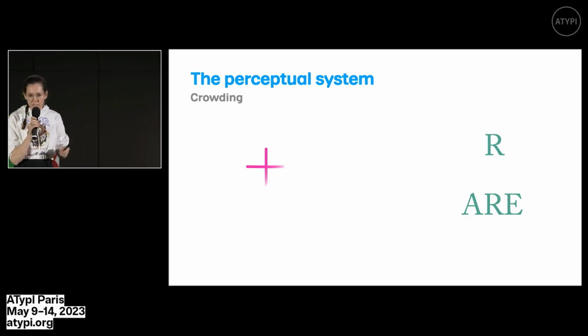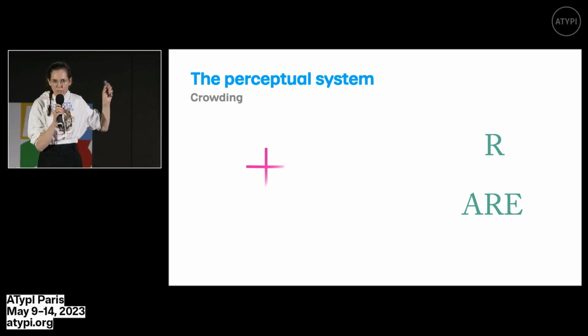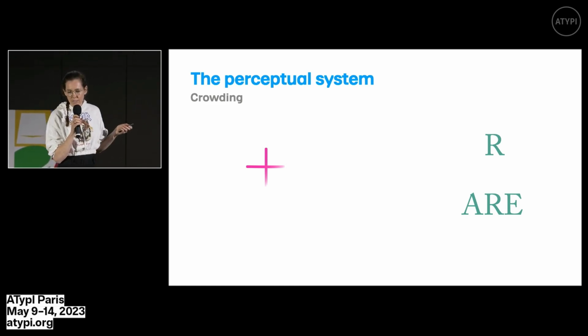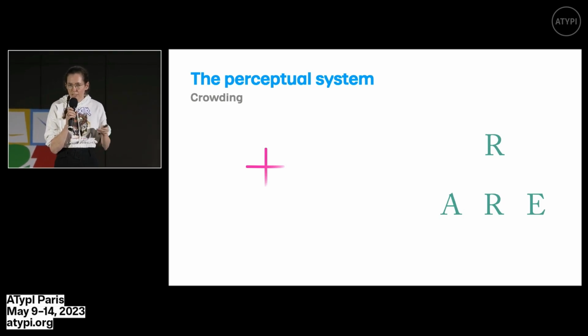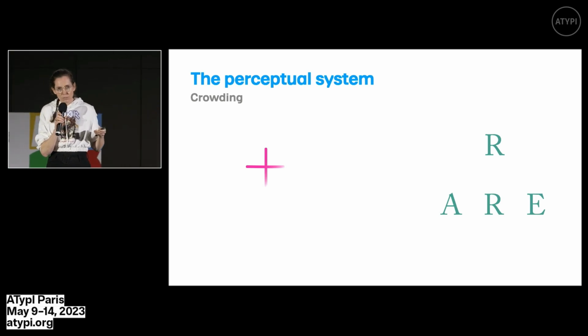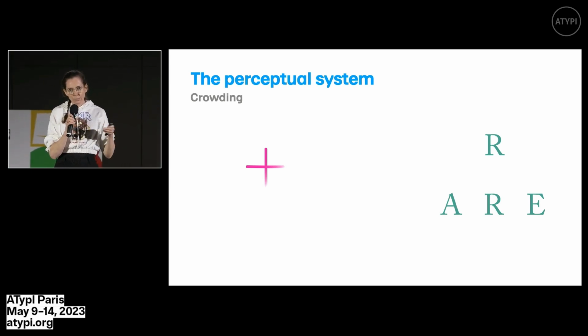If you look at the cross on the left and try to identify the R on the right, it's much easier to identify the R in isolation than when it's flanked by other letters. But if we separate the letters more from each other, it becomes much easier to identify the R while it's flanked by others. It's still more difficult than in isolation, but it helps.